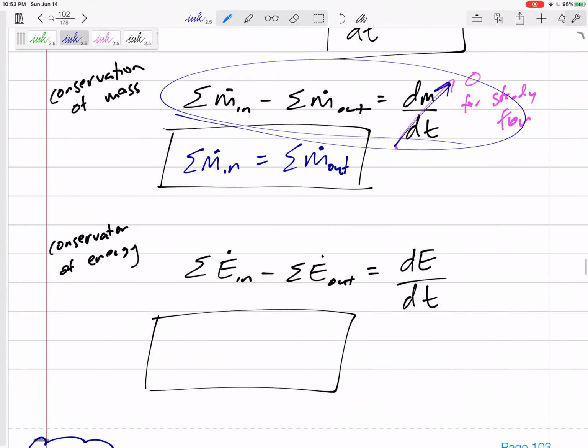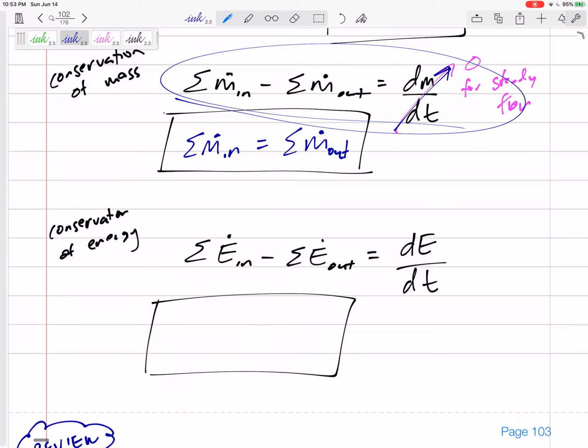Same thing with conservation of energy. The change in energy over time, not the change in energy from the inlet to the outlet, but the change in energy after an hour, after 2 hours, after 4 hours, is 0 for steady flow devices. So do you mind if I take that energy to the other side of the equation?